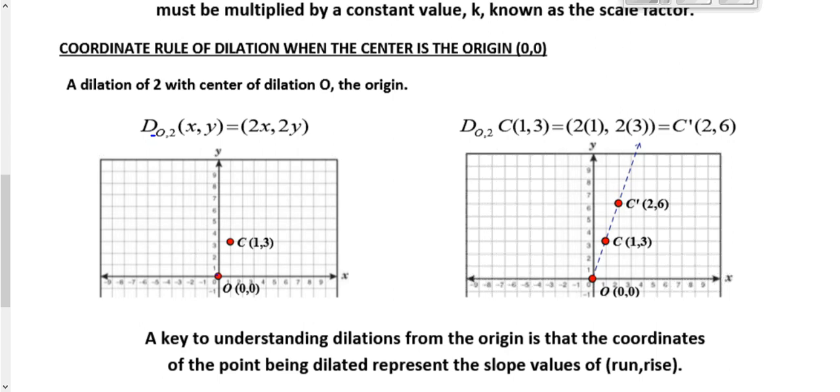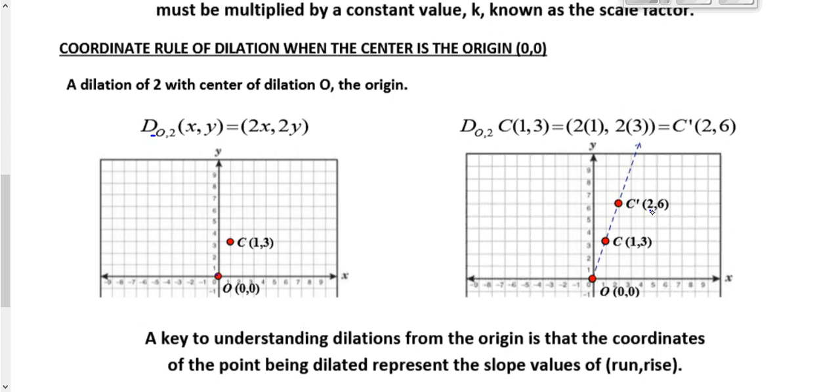What's the scale factor? 2. What is 2 times 1? What is 2 times 3? That's it, and that's your dilation for that point. If it's a triangle, you just do it 2 more times for the other points, which is pretty easy when you start at 0, 0. But I will add the following in here.